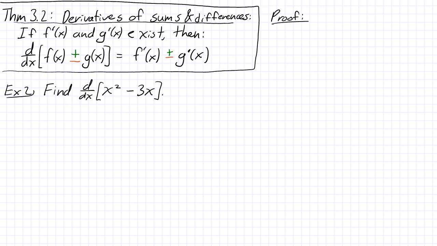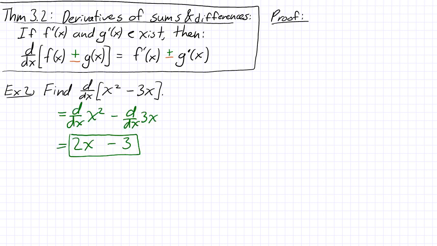You might want to try this one first on your own, using the rules we've learned, just to get a little practice. If you're going to do that, pause it now, because the answer will appear in 3, 2, 1. Okay, this is the answer, 2x minus 3.